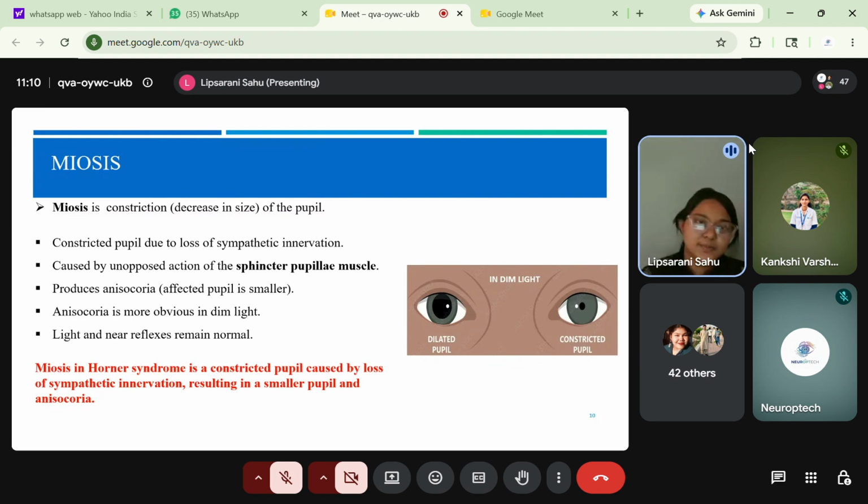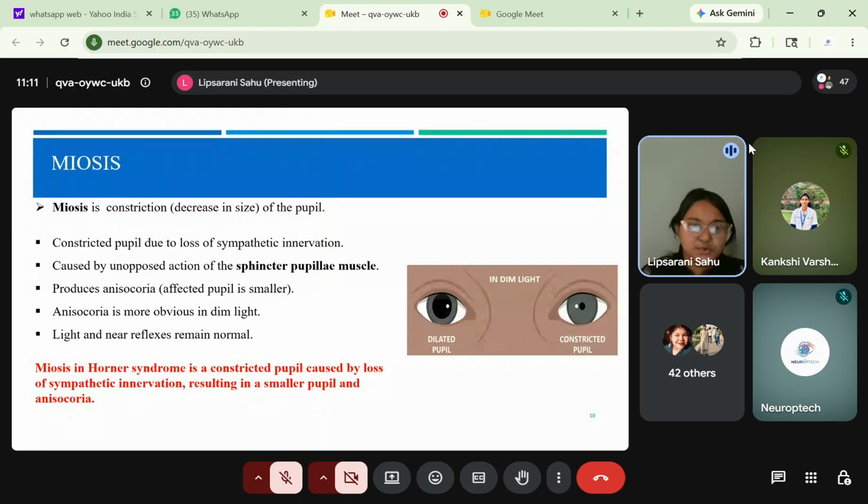So let's discuss miosis. Miosis is nothing but the constriction of the pupil. The pupil constricts due to loss of sympathetic innervation, causing unopposed action of the sphincter pupillae muscle. It produces anisocoria. Anisocoria is more obvious in dim light, and the light and near reflex remain normal.